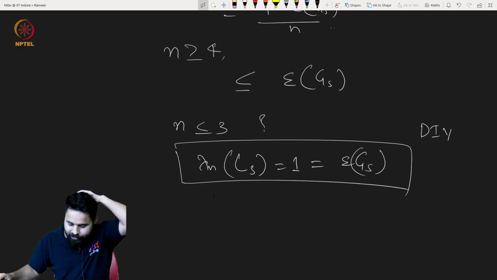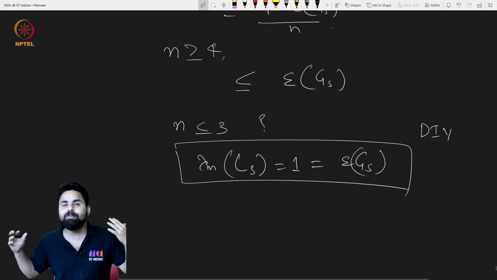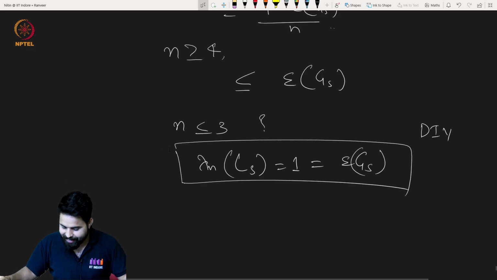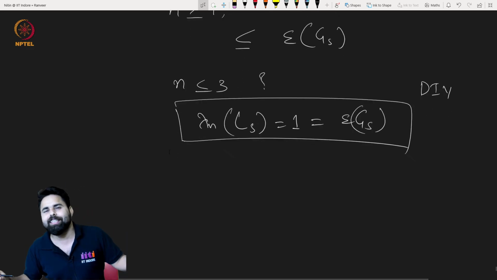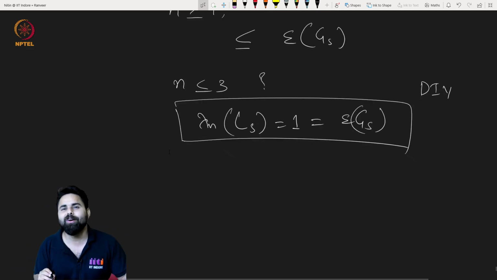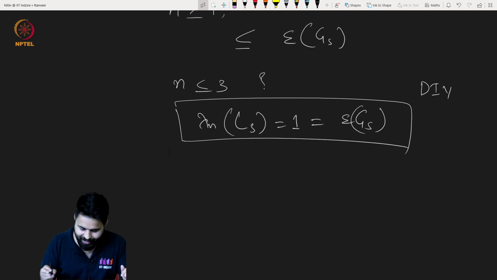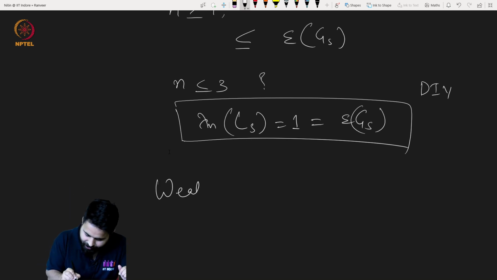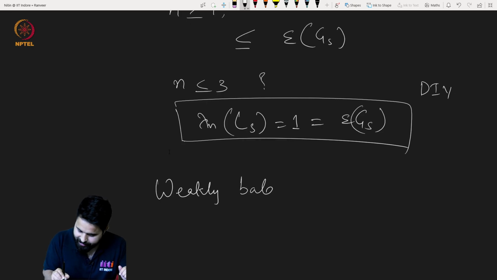Very good. Now let us move to another variety of signed graphs, which we call weakly balanced signed graphs.